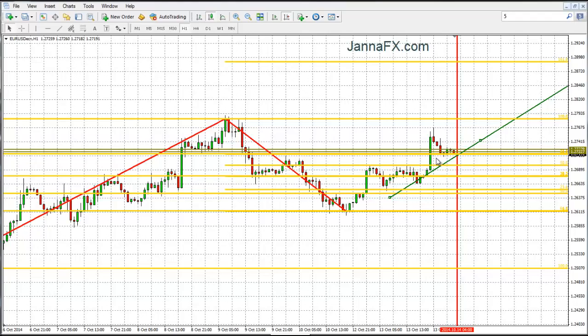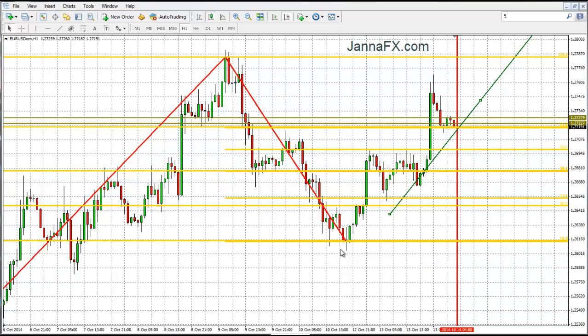And so if the market goes up, we can see that on this side of the market it stops right here, and this level is still higher than that, so you see it might actually go down again.